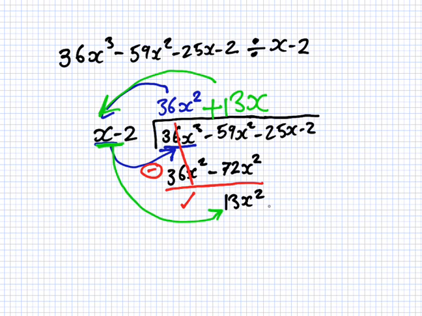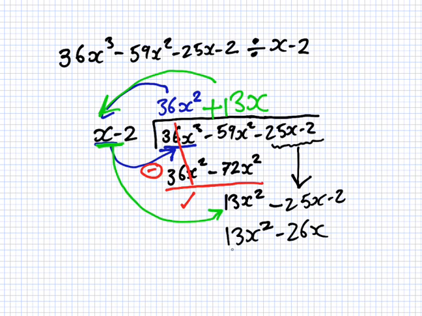Oh, sorry, I forgot to say, you see these pieces at the end? They get carried down. Now we multiply. 13x by x is 13x squared. 13x by minus 2 is minus 26x. And then what do we do? Again, we subtract. Again, these cancel. Minus 25 minus minus 26 is 1x.